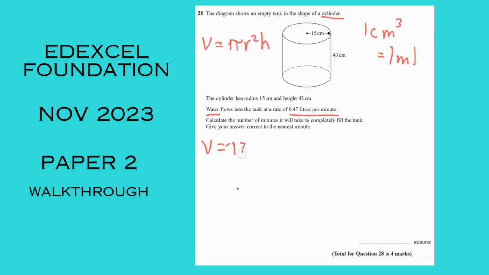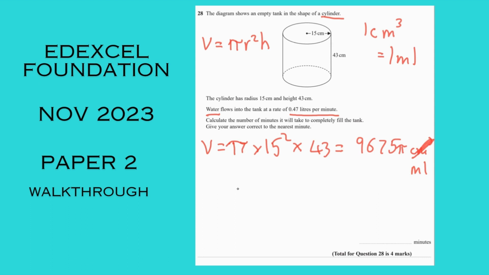So pi times 15 squared times by 43. Going to get some big number. My calc will do it in terms of pi, so I'll just leave it as that for now. So it's 9,675 pi centimetres cubed, which just so happens to be 9,675 pi millilitres.